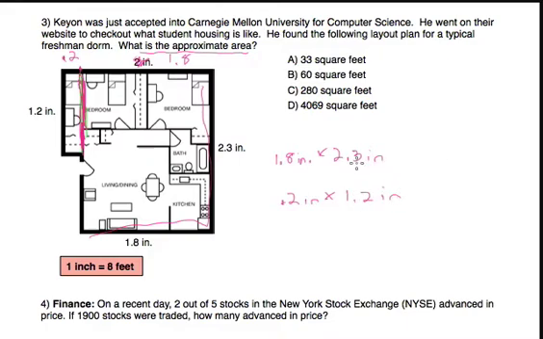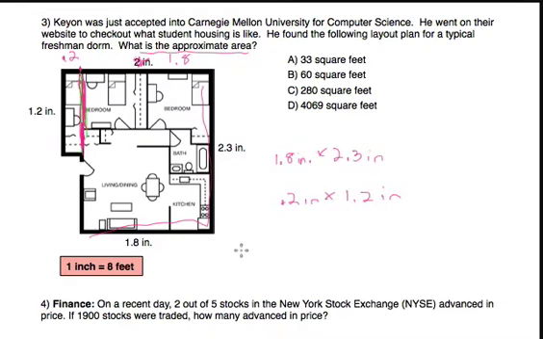Now, notice all of the answers are in square feet. This is not a schematic, but a blueprint, where 1 inch equals 8 feet. Question, do we need to convert these numbers into feet before we multiply? Or does it not matter?